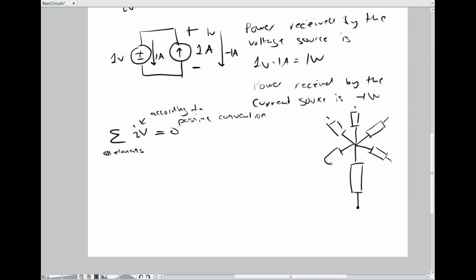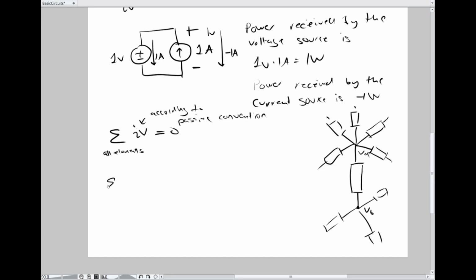So I'm drawing 2 nodes here just for illustration and connecting a bunch of things to them. Say this node voltage is called VA and this one is called VB, right? I'm going to sum up the current times voltage for every single element.